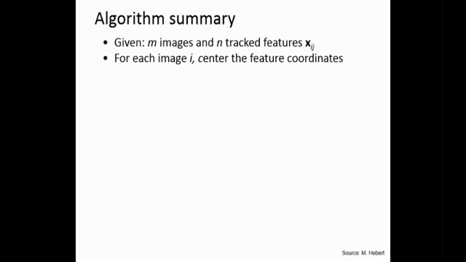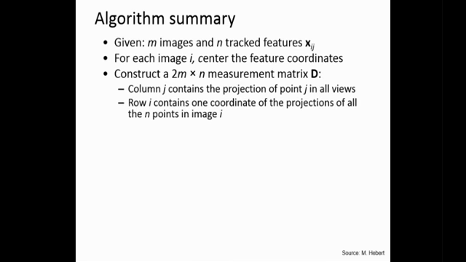For each image i, you center the feature coordinates, so you subtract the mean U and V value within each image. Then you construct your 2m by n measurement matrix. That's just putting all your values into a big matrix together of this format. And so the jth column contains the projection of point j in all views.